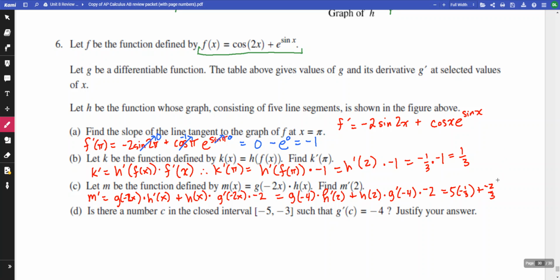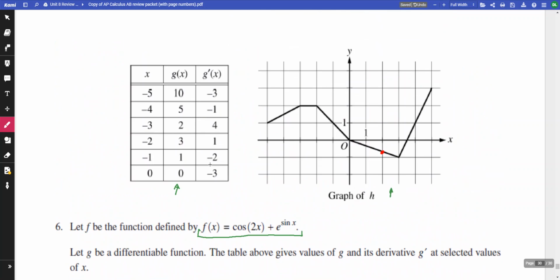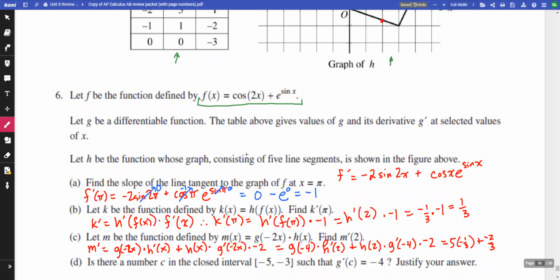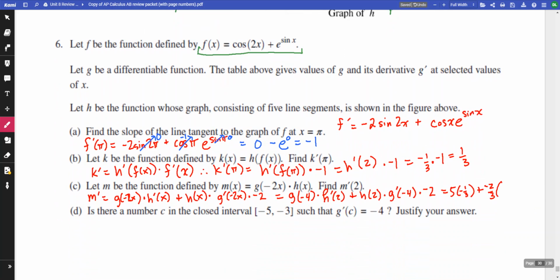A little bit of math there. g prime of negative 4 is negative 1. So times negative 1, and then times negative 2. And as long as I have all of my right values in all of my right places, I'm good. All right, so 5 times negative 1/3 and negative 4/3. If I do that, that would be negative 9/3. But all the right numbers in all the right places is good enough.